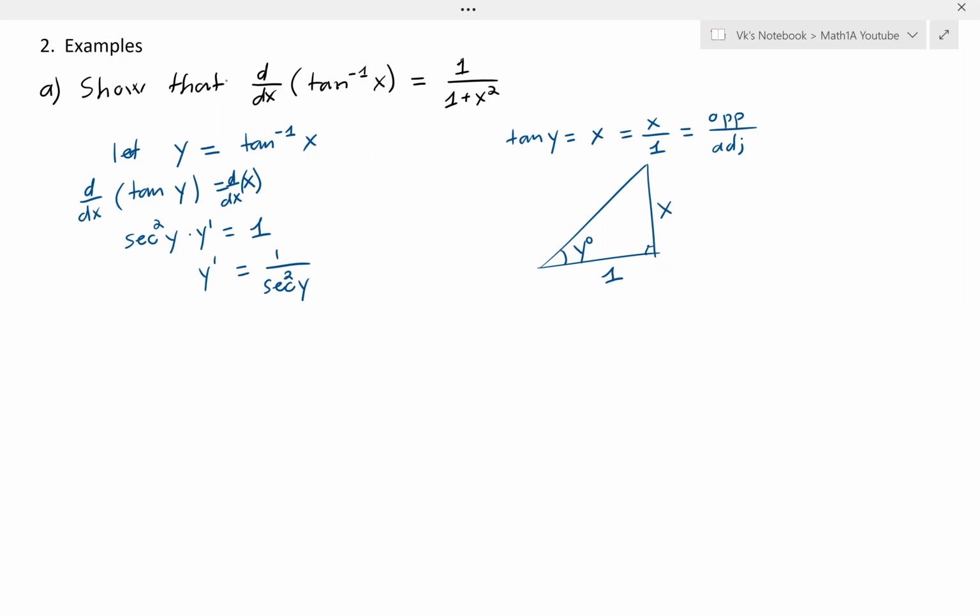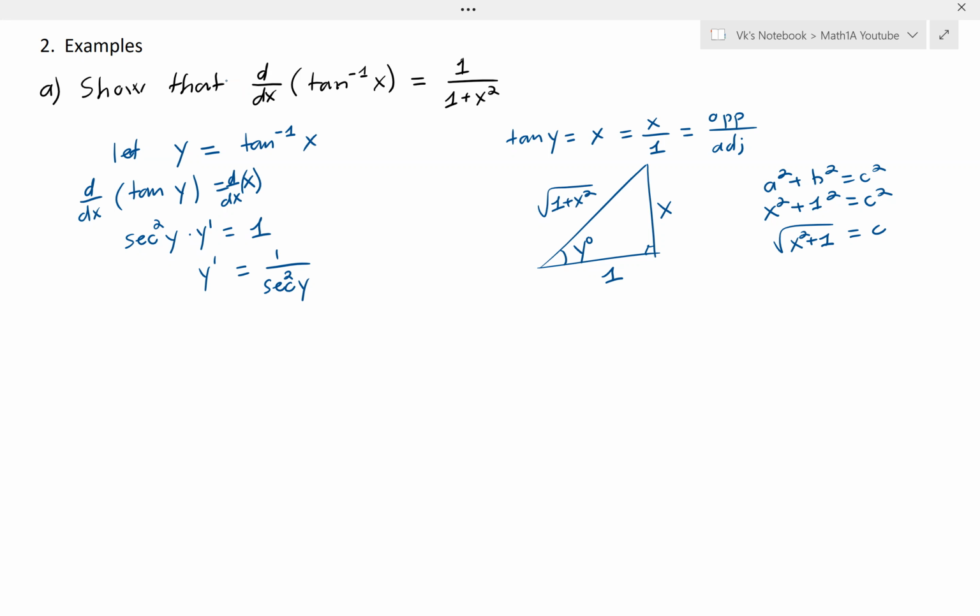So the hypotenuse would be, by the Pythagorean theorem, a squared plus b squared equals c squared. So x squared plus 1 squared is c squared, which means that c is root of x squared plus 1. So root of 1 plus x squared, it's the same thing.